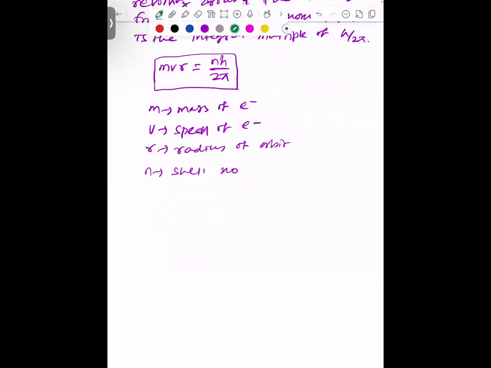Now before going to the application of Bohr's atom model, we'll discuss the limitations of Bohr's atom model.